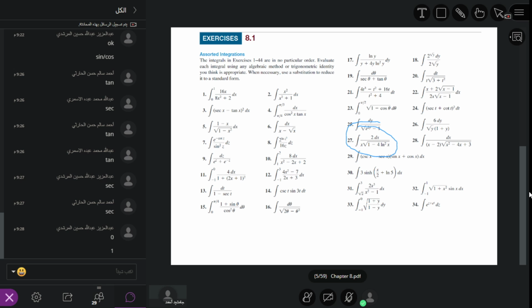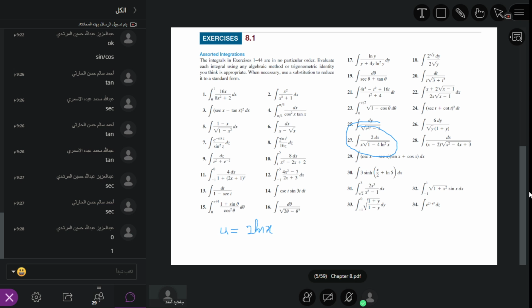We suppose that u is equal to 4 log natural square x. If we take 2 log natural x, what is the square of 2 log natural x?